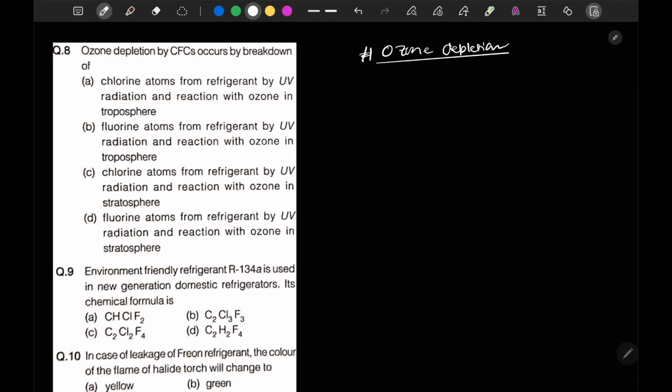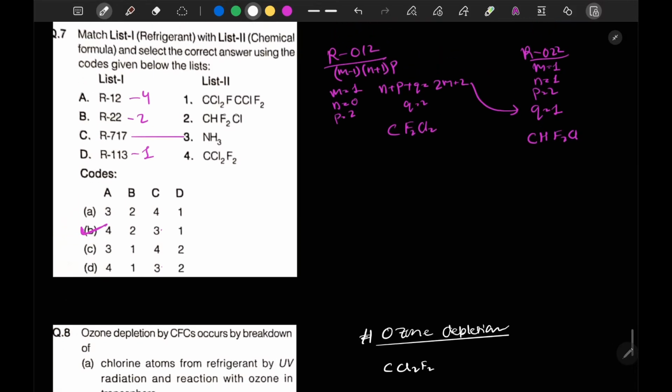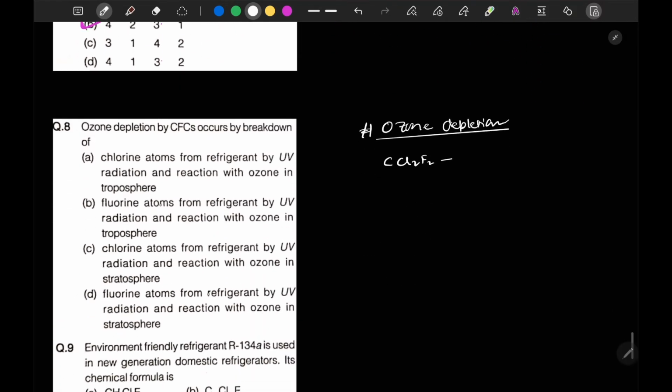Let's say that CCl2F2, that we have calculated in this question, is for R12. So R12 refrigerant in presence of UV will break into Cl dot plus CClF2 dot.